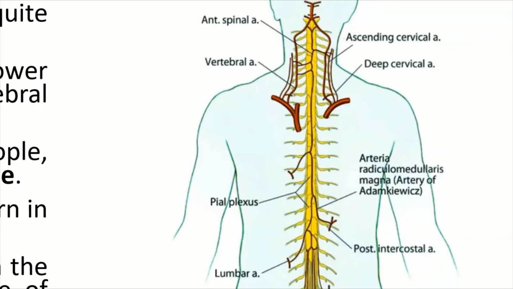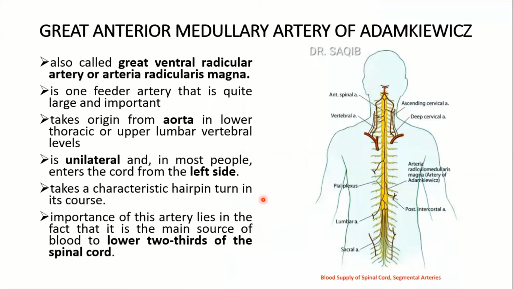This is an additional feeder artery. The importance of this artery lies in the fact that it is the main source of blood to the lower 2/3 of the spinal cord. Here the blood supply from the anterior and posterior spinal arteries is very sparse.